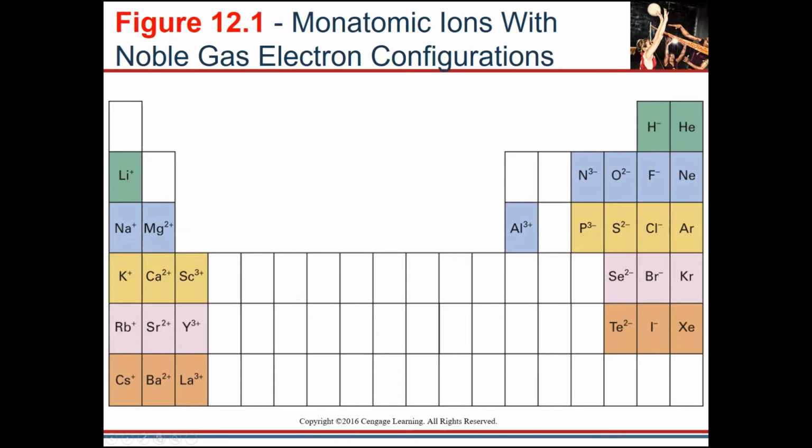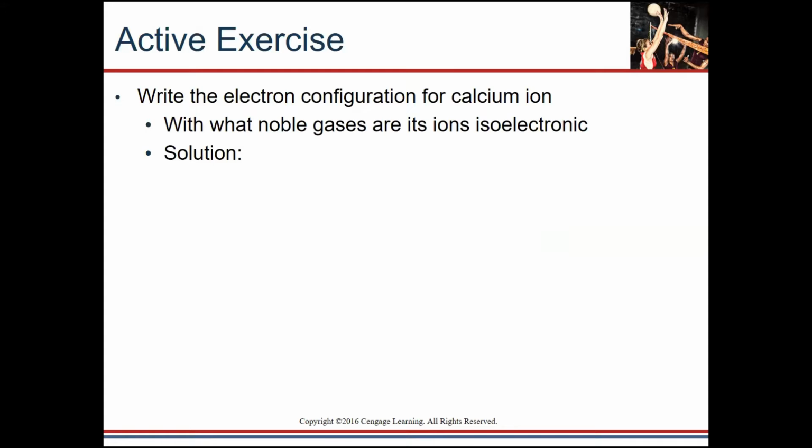Write the electron configuration for the calcium ion, and say which noble gas its ions are isoelectronic to. So what is the electron configuration for calcium?